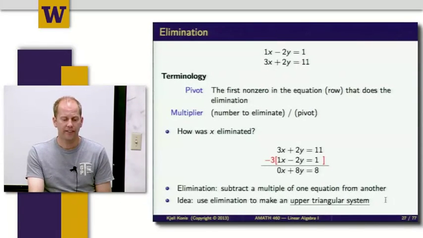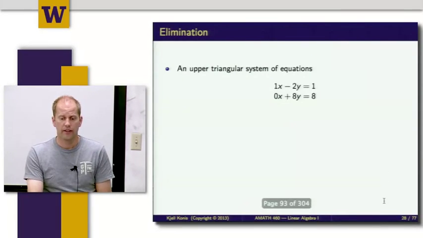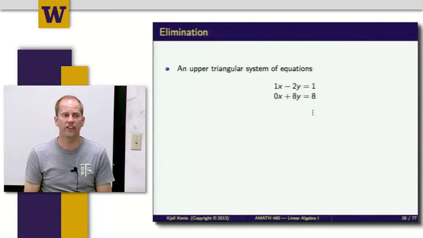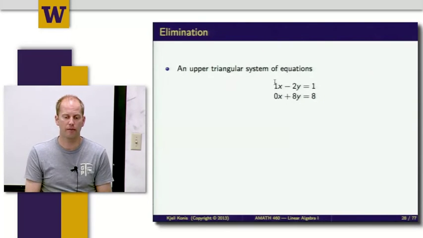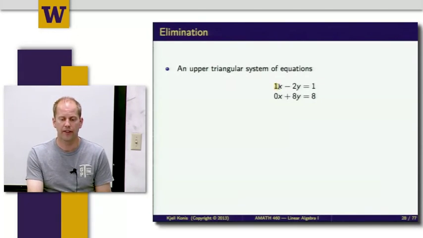And the idea is to use elimination to create something called an upper triangular system. So for a 2x2 system, we achieve that after just doing one elimination. So upper triangular system means that every coefficient below the diagonal is zero. So here you kind of have to imagine there's a matrix, but when the row is equal to the column, that's my diagonal.